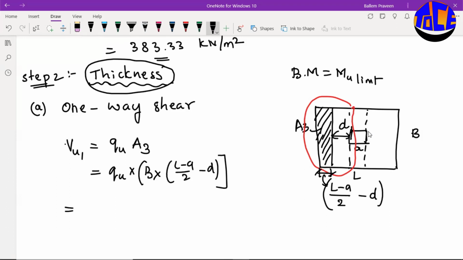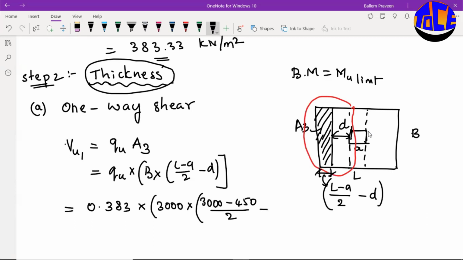So let us substitute the values. Let me substitute this QU in terms of Newton per mm square, so it becomes 0.383, into B, which is 3000, and L is also 3000, minus A, which is 450, divided by 2.